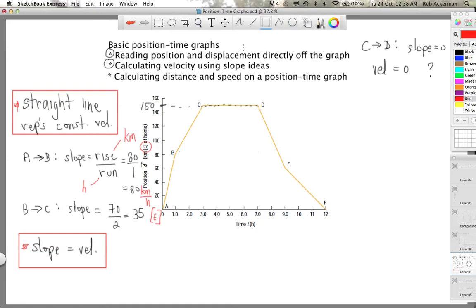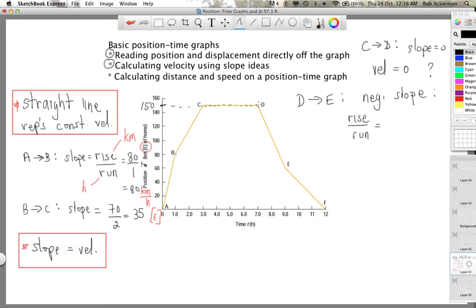Now, let's look briefly at what happens from D to E, because this one now has a slope that's going down. So D to E, in math class you learned that a downward slope is a negative slope. And if we do rise over run, we will now have a negative number.